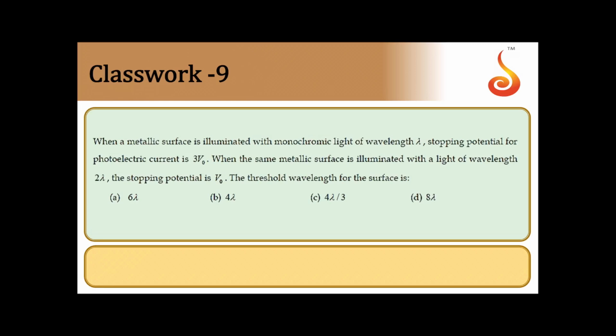When a metallic surface is illuminated with monochromatic light of wavelength lambda, the stopping potential for the photoelectric current is 3 V0. When the same metallic surface is illuminated with wavelength 2 lambda, the stopping potential is V0. Then the threshold wavelength for the surface is? So write the photoelectric equation for it.